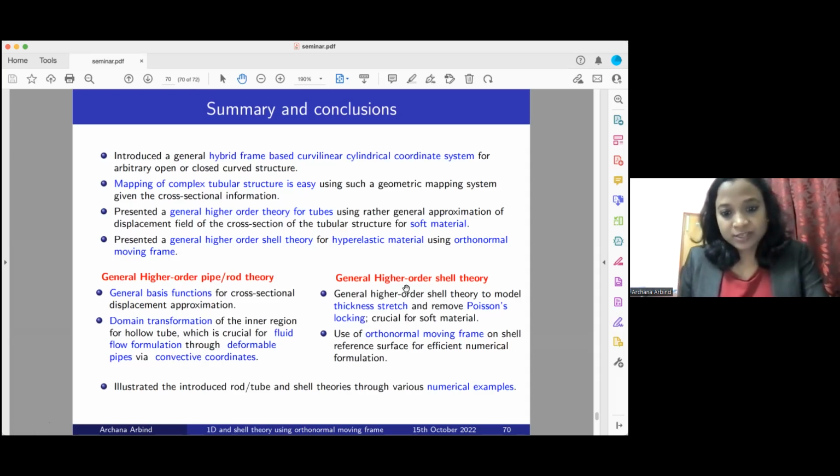And in the higher order shell theory, since it is higher order, we have modeled the thickness stretch in this case, and it removes the Poisson's locking, which is very crucial for soft material or biomaterials. And also we have used an orthonormal moving frame.